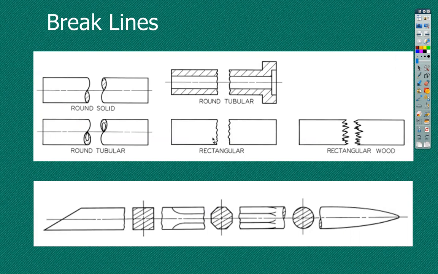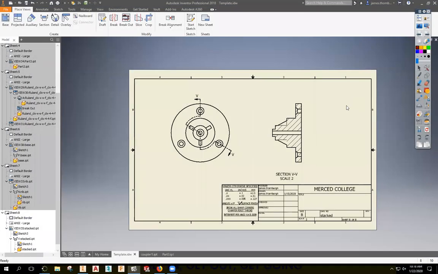If we have long pieces, we can take out sections. It'll automatically put in long break lines for us. If it's wood, you want to make it more jagged. And that's it. Okay, any questions?